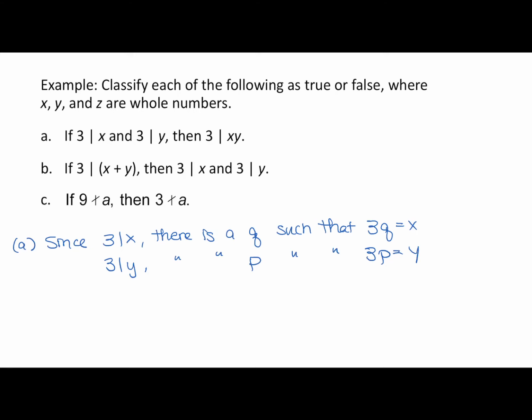So what does that mean about x times y? Well, I can write x times y as 3 times q times 3 times p, which is 3 times q times 3p. So here is the whole number that I multiply by 3 to get xy, which means that 3 does divide x times y. So this is true.